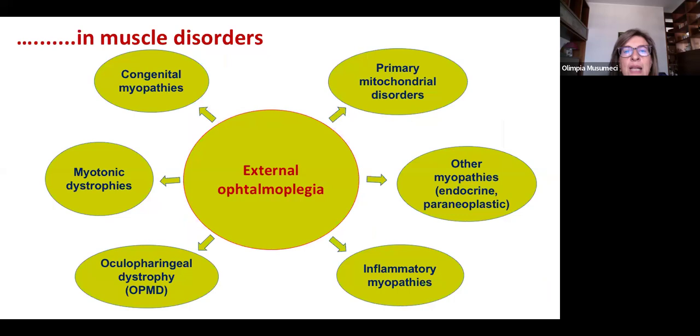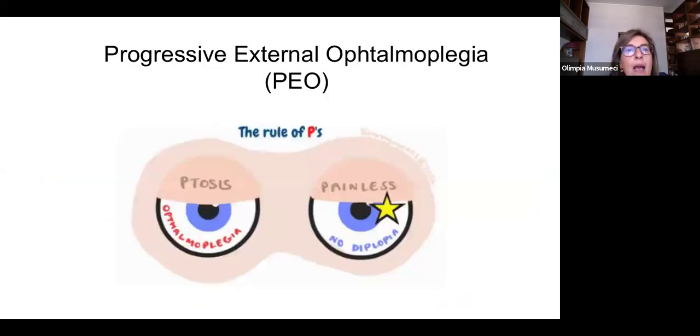In muscle disorders, external ophthalmoplegia is mostly progressive and bilateral, and can be present in several muscle disorders: of course mitochondrial disorders, but also other hereditary myopathies such as congenital myopathy, myotonic dystrophy, and oculopharyngeal dystrophy, or some acquired myopathies such as inflammatory, endocrine, or paraneoplastic myopathy.